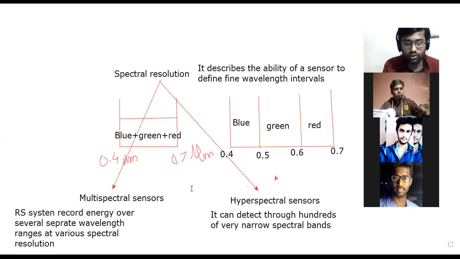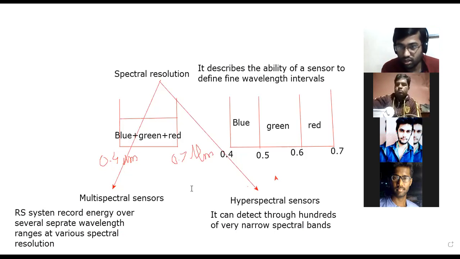Now they need to locate the target first, which is far away from the point of source. So with the help of this hyperspectral sensor, we will identify the target. Then with the help of a coordinate system, we locate the target, then we fire the supersonic missile. So greater detail of the target can be studied.